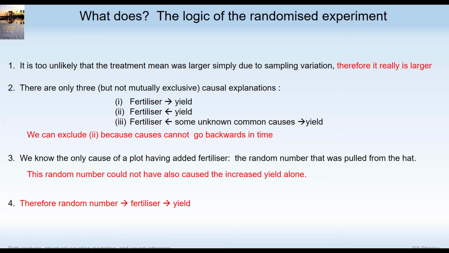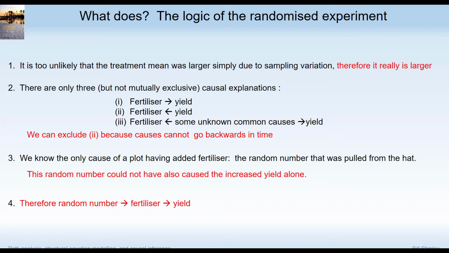Well, let's go through the logic of the randomized experiment in determining whether a treatment has a causal effect on our experimental units. So the first point that we've concluded is that it's too unlikely that the treatment mean was larger than the control mean simply due to sampling variation.